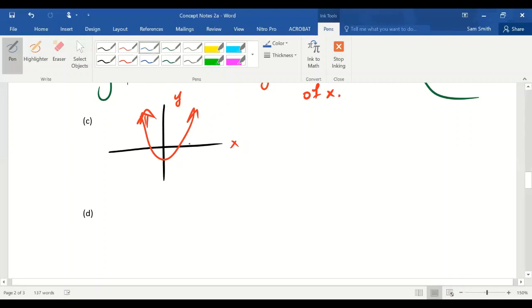Well, no matter what x I pick, there's always a single y value that's associated with that particular x. I can go up or down and find a single y value that corresponds to any x I want to choose. Because of that, y is a function of x.